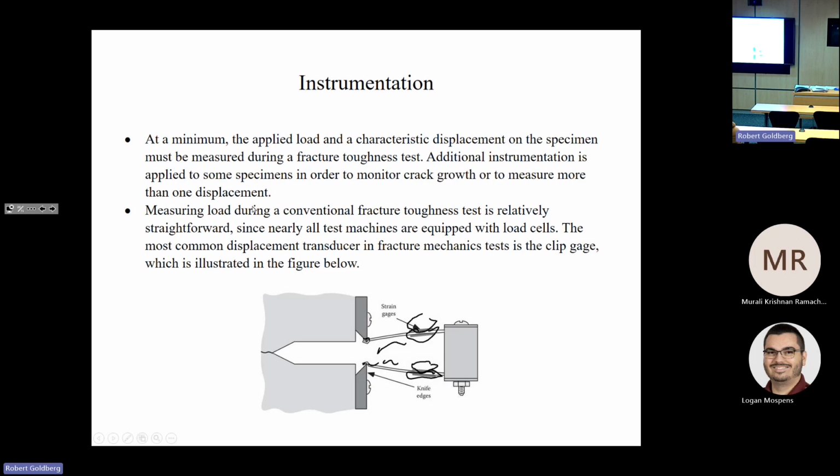And the clip gauges are attached to sharp knife edges, you see these sharp edges here, to ensure that the ends of each beam are free to rotate, because as your crack opens up, you want these beams to be able to rotate as much as needed to capture the full displacement. And these knife edges can either be machined into the specimen or attached to the specimen at the crack mouth. Here you see an example, these little screws where it's actually attached to the specimen.